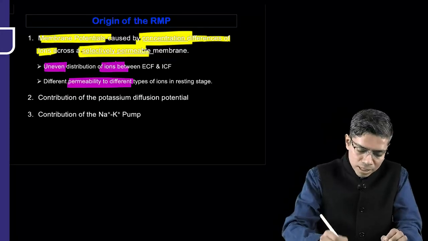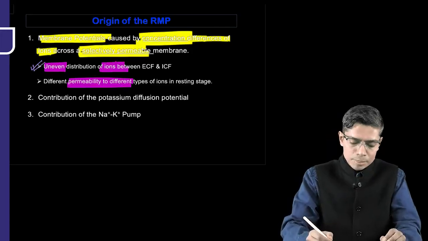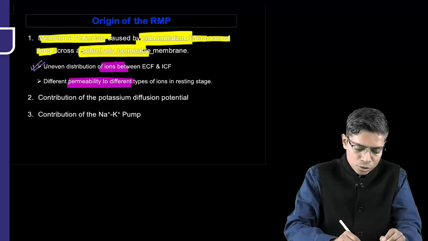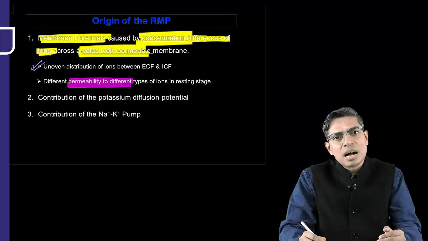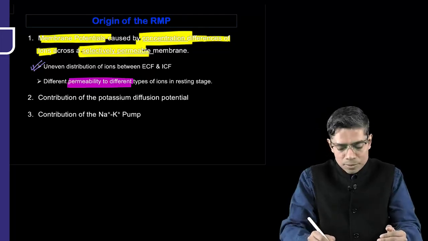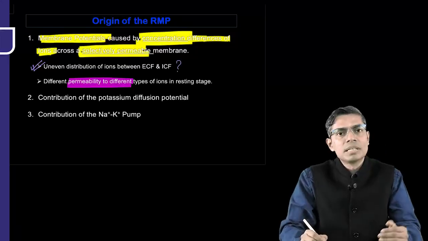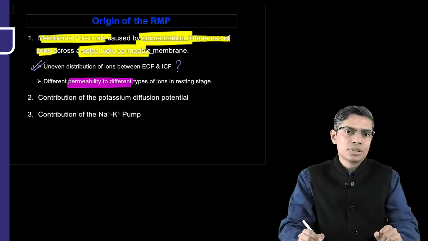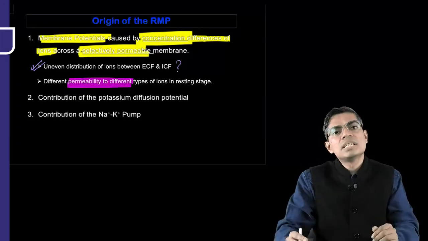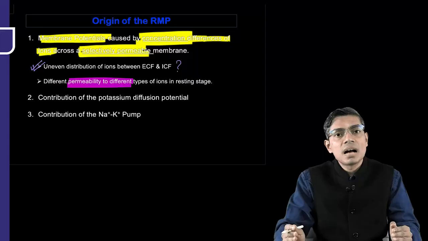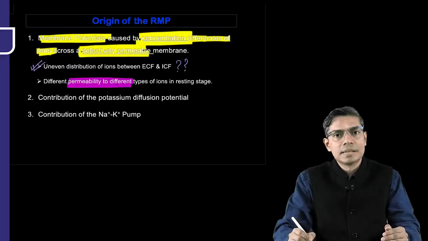So if I want to understand the first thing, the uneven distribution of ions between ECF and ICF, the question will arise: why are the ions unevenly distributed between ECF and ICF? And second question, even if they are unevenly distributed, why do they not become equal? Means who is maintaining this unequal distribution of ions? So two big questions are arising here.